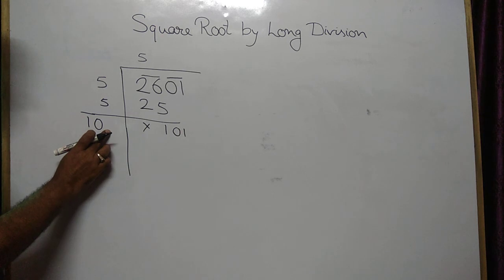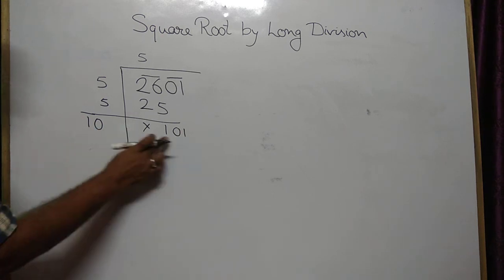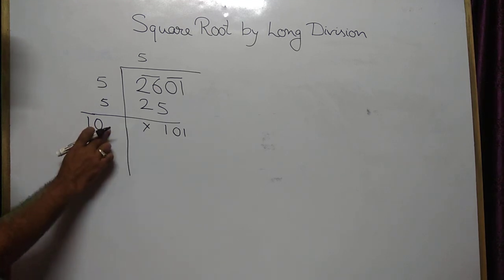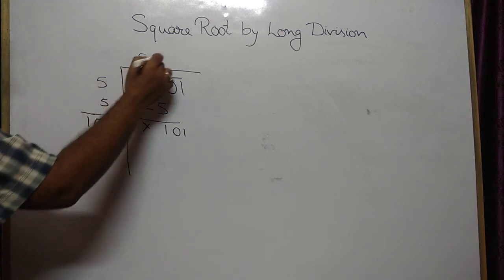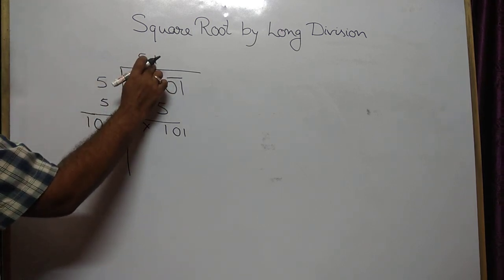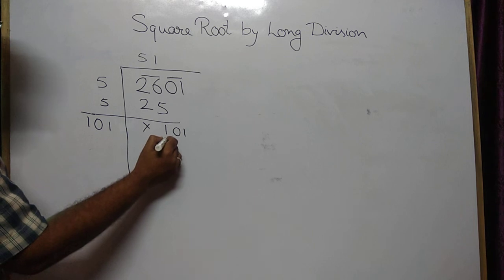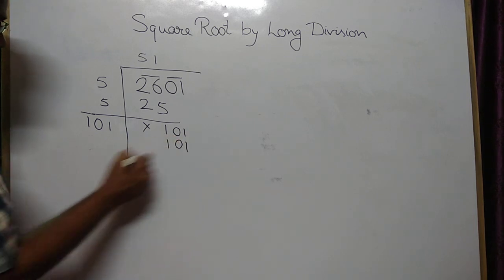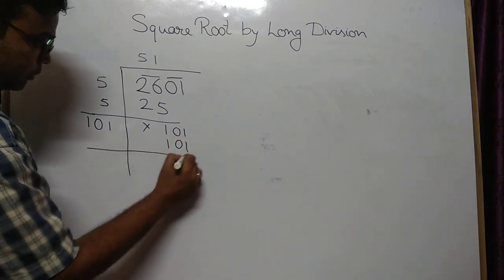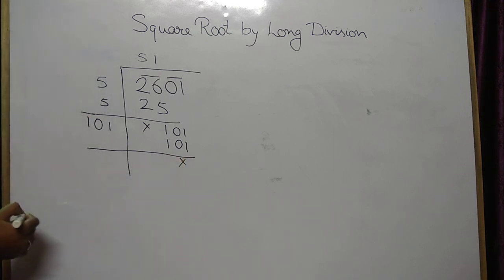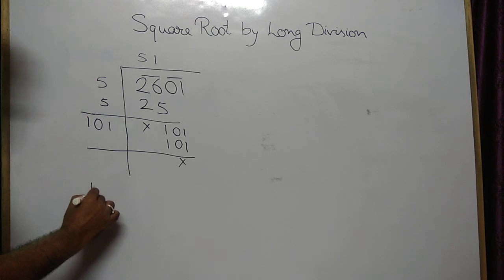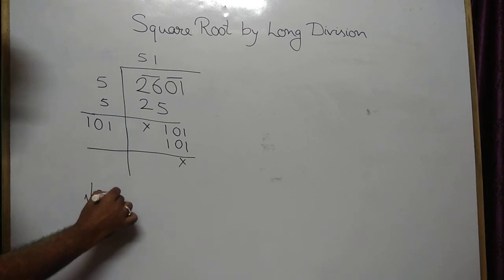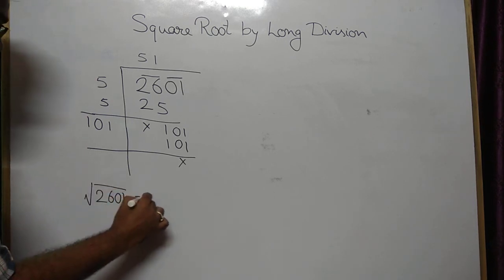We choose one more number so that we take the same number as quotient. If we take 1 here, we multiply 1 by this divisor to get 101. Since this completes the division, we stop. Here we can say that the square root of 2601 is 51.